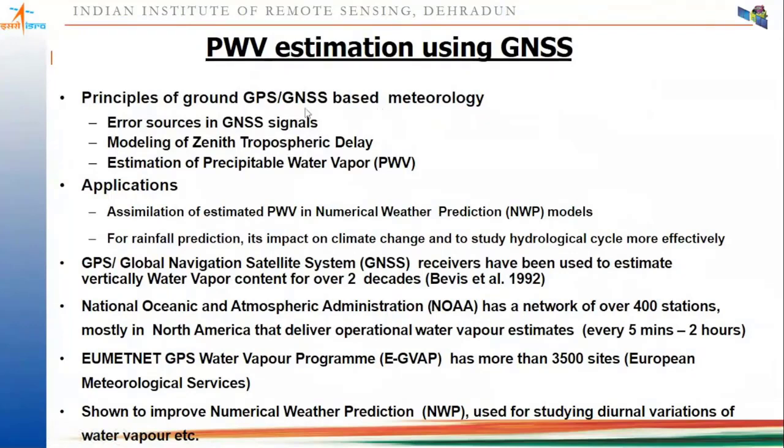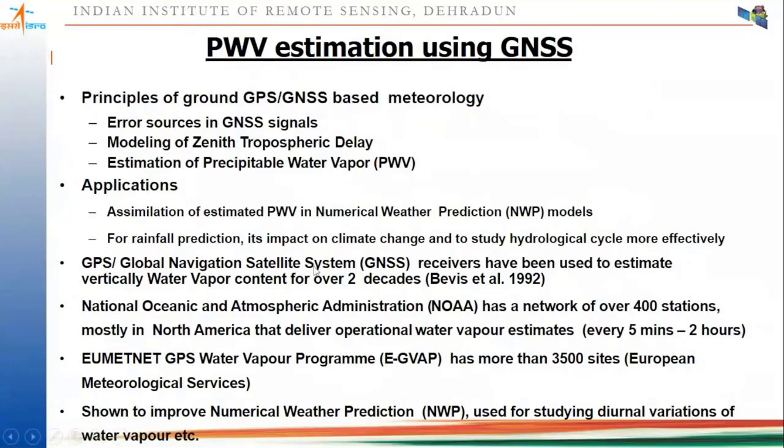We remove all of them and model the zenith tropospheric delay. Finally we end up with the zenith tropospheric delay, and then estimate the precipitable water vapor. Various applications, as I already mentioned, include assimilation of the estimated PWV in numerical weather prediction models for rainfall prediction, its impact on climate change, and studying hydrological cycles more effectively.